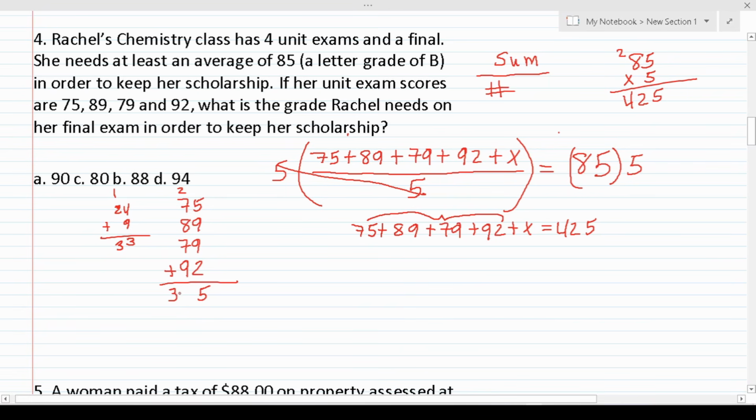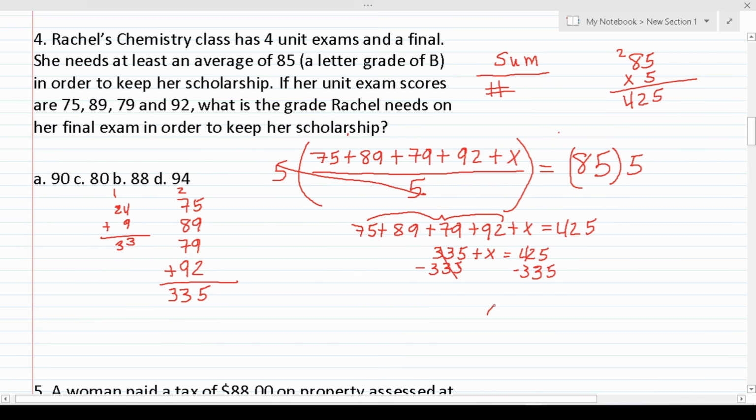So this is 335. In other words, if we replace 335 for all these values, it's 335 plus X equals 425. Now to solve this one, it's a matter of subtracting 335 from both sides, which will give you X by itself.